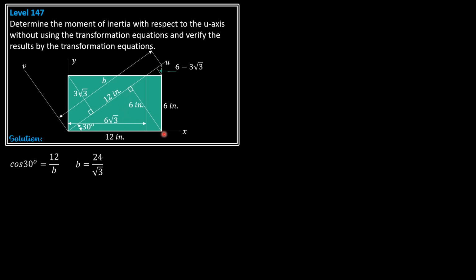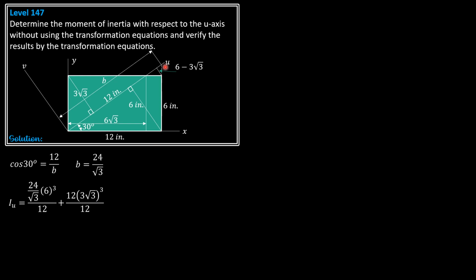The height is 6, so it is 24 over square root of 3 times 6 cubed over 12 for the biggest triangle. For the next triangle with respect to the u-axis, the base is 12 inches and the height is 3 square root of 3, so 12 times quantity 3 square root of 3 cubed over 12.